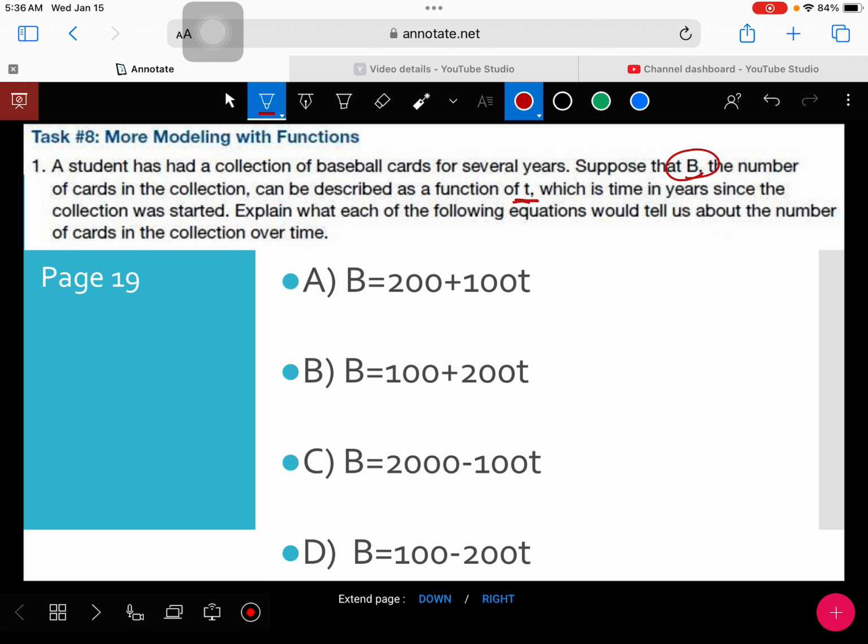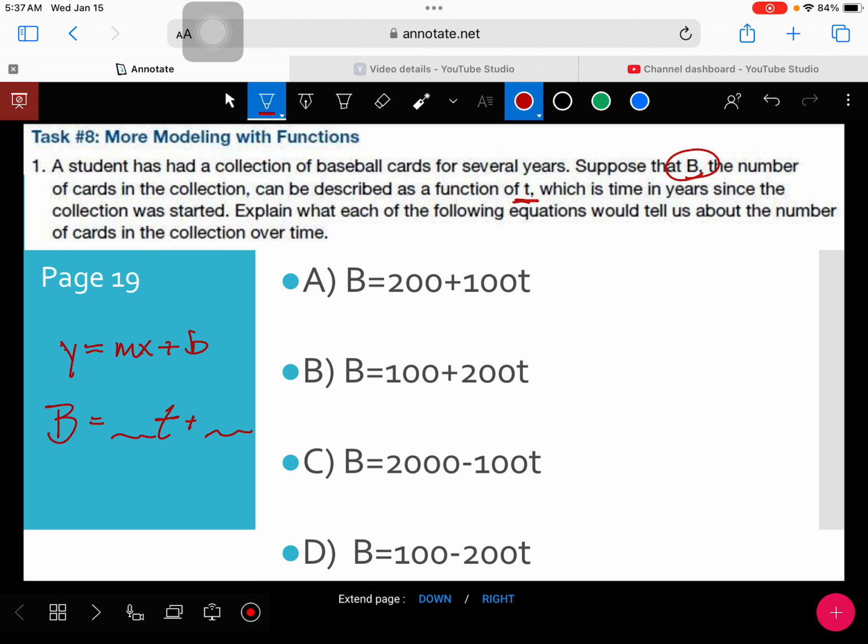So this is essentially the same as slope-intercept form, which is y equals mx plus b, where your y value is going to be the capital B, the number of cards in the collection, is equal to some number which varies times T, and then plus some other constant.